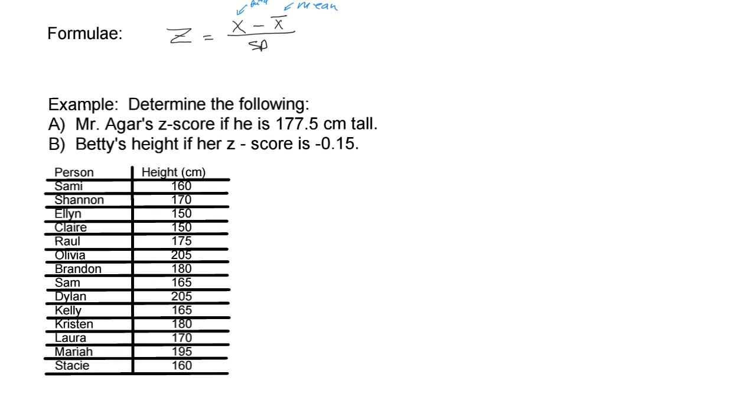After you've typed all this information into the cells in your Google spreadsheet, what you do is type in at the bottom equals STDEV, and then select the cells that you want the standard deviation for.